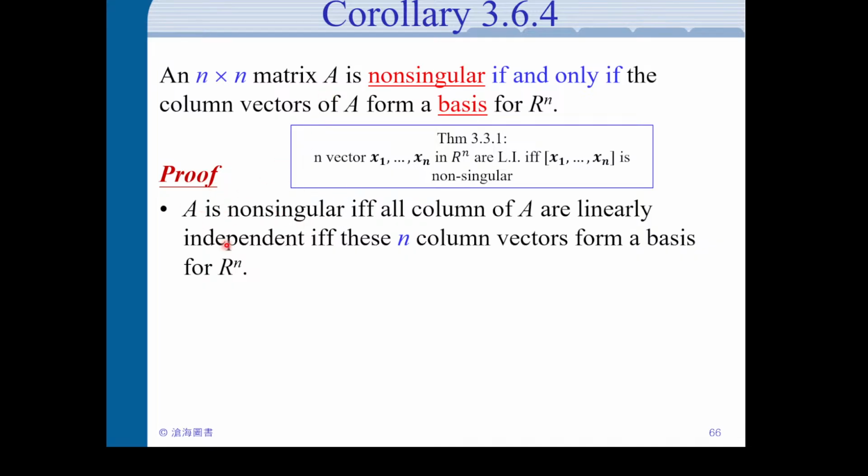Okay. I guess this goes the other way. So non-singular if and only if the column vectors are linearly independent, and we know there are n vectors. If n vectors in Rn are linearly independent, then they form a basis. Because the number of vectors already equals the dimension, and then they are linearly independent.